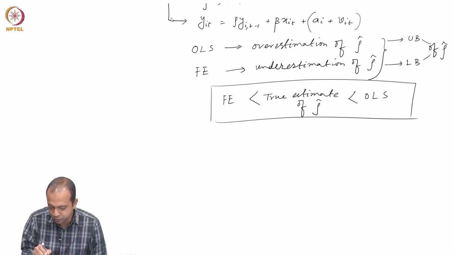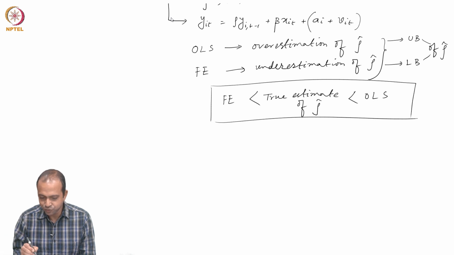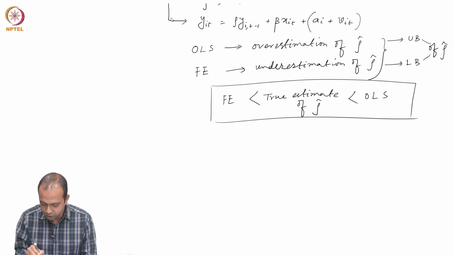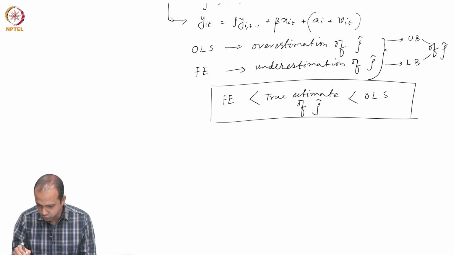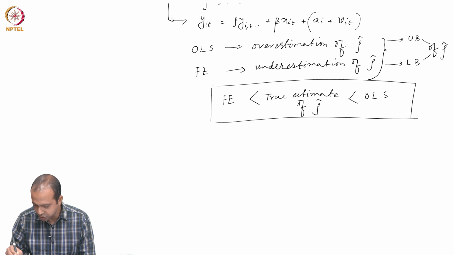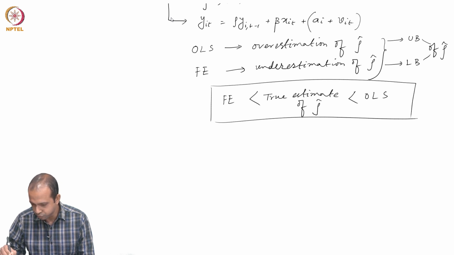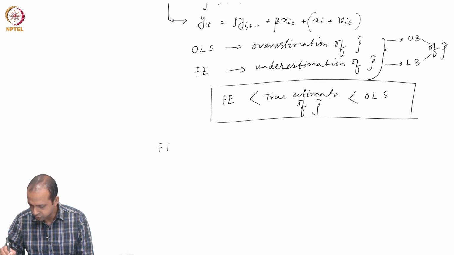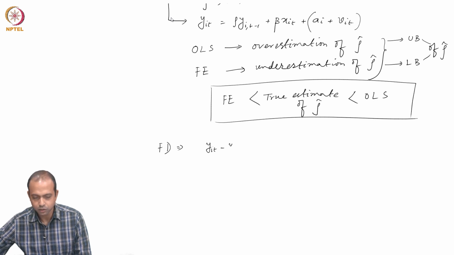So, FD transformation we can apply, and that will make it YIT minus YIT minus 1 equals rho into YIT minus 1 minus YIT minus 2, plus beta XIT minus XIT minus 1, plus VIT minus VIT minus 1, right.